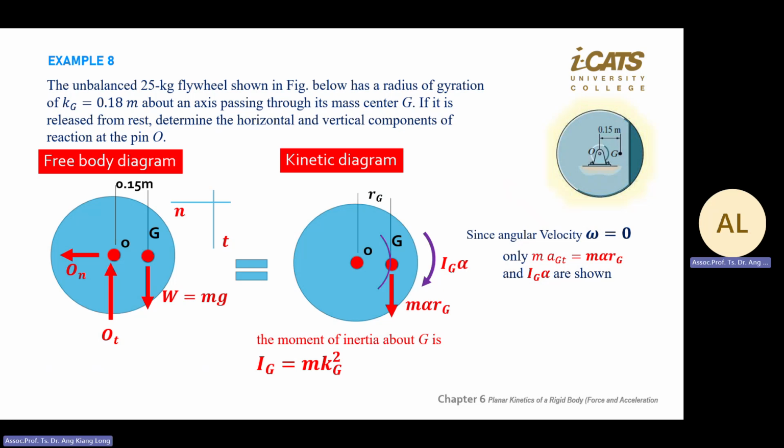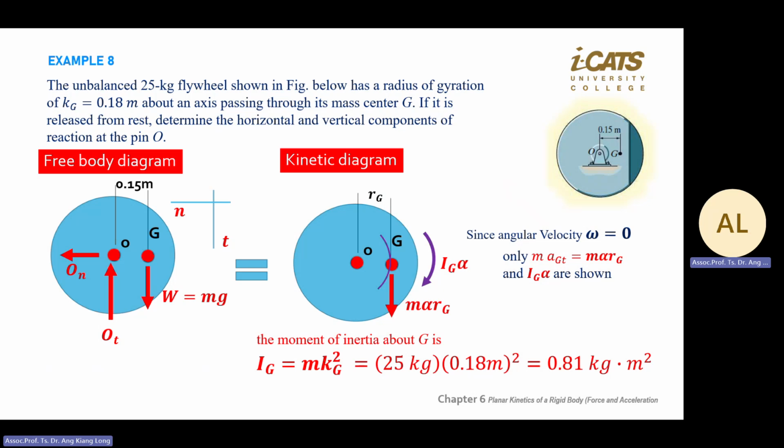Moment of inertia at point G equal to mk square. So you can find Ig directly without looking at the appendix. Every time you have the kg given, you can skip the appendix and straight away use Ig equal to mk square.